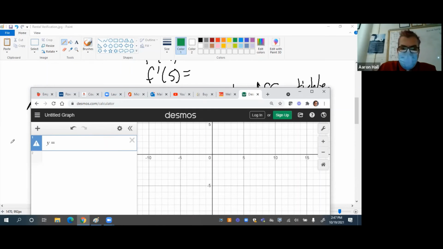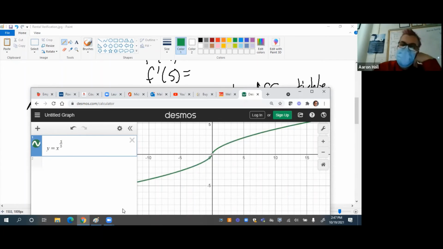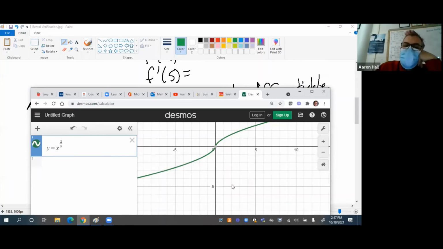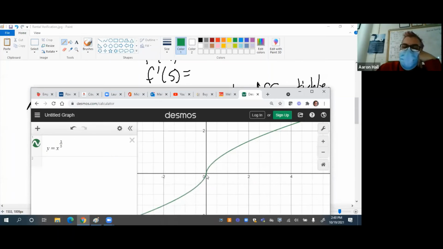Now, here's another one. y equals x to the power of, I don't know, 5/2? 5/3? 5/4? How about 1/3? What do you think the slope is at this point?